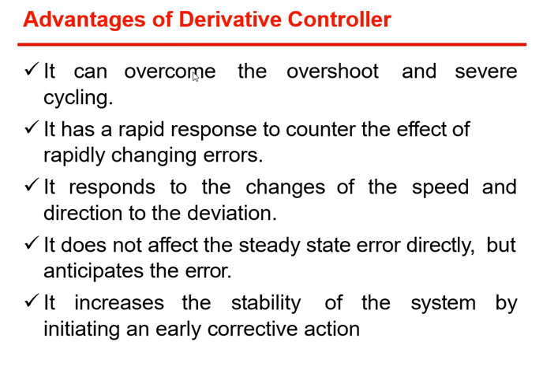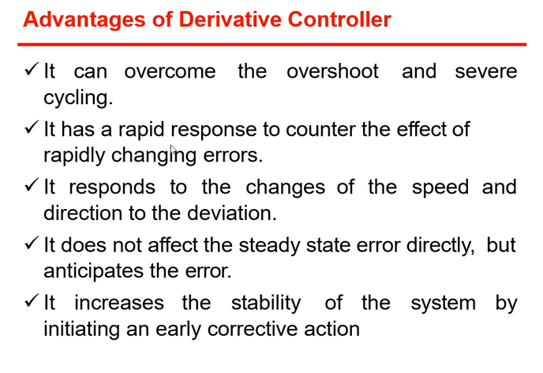What are the advantages of a derivative controller? It can overcome overshoot and cycling. When there is overshoot, we have seen that it is not abruptly changing. Then it has a rapid response to counter the effect of rapidly changing errors.